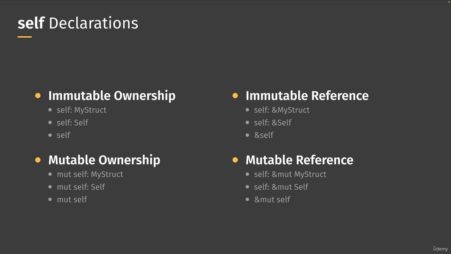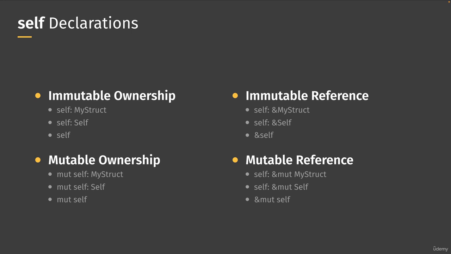The fourth option is a mutable reference. That's when you want to avoid the transfer of ownership and have permission to mutate the struct, change any of its values. That means the shortcut is ampersand mut self. Notice the difference between that option versus mutable ownership on the left-hand side. It's slightly different. And so there's the more verbose options where you explicitly provide the type.